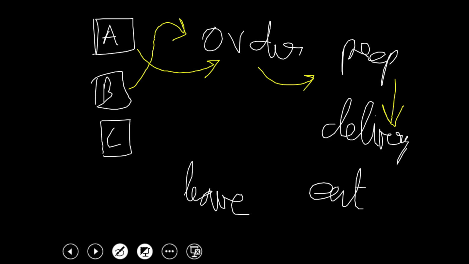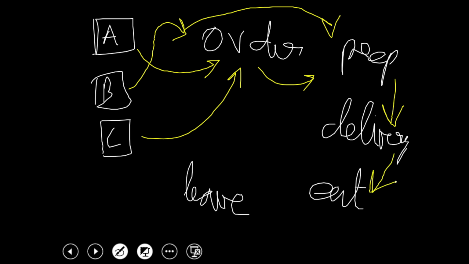When that occurs, C arrives, B's order goes to the preparation phase, and C's order is taken. Then once person A's order is delivered, he starts eating. By that time, B's order is ready for delivery, and C's order goes to the preparation phase.